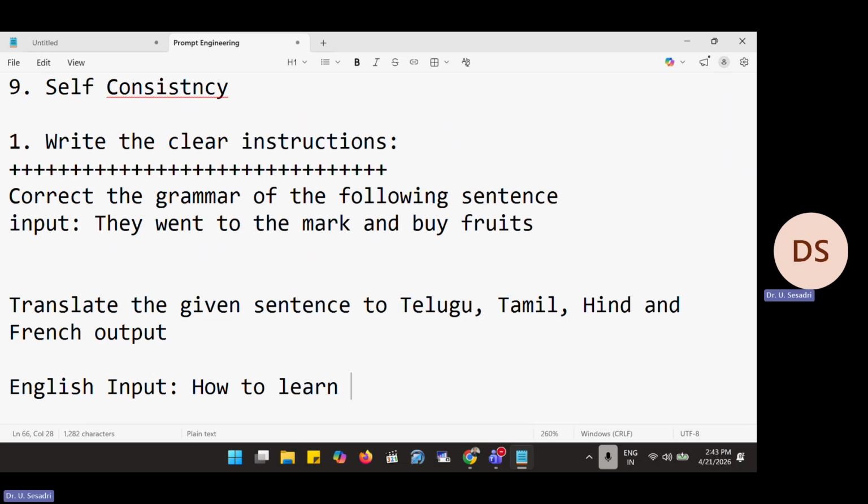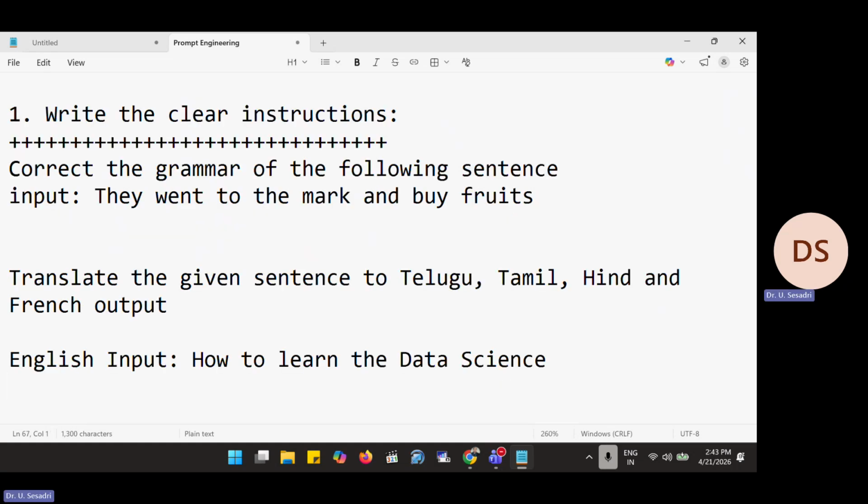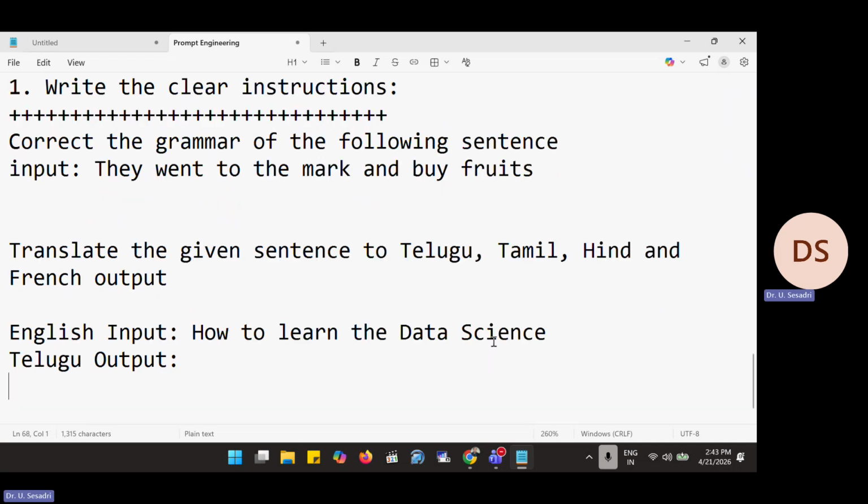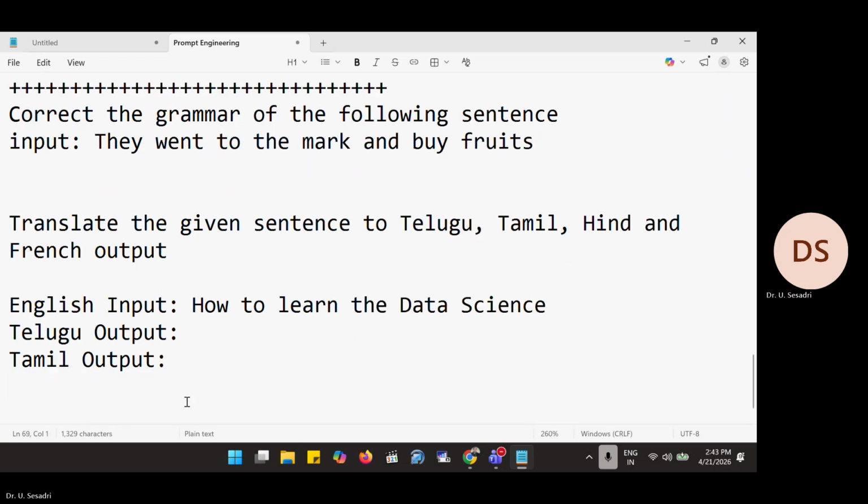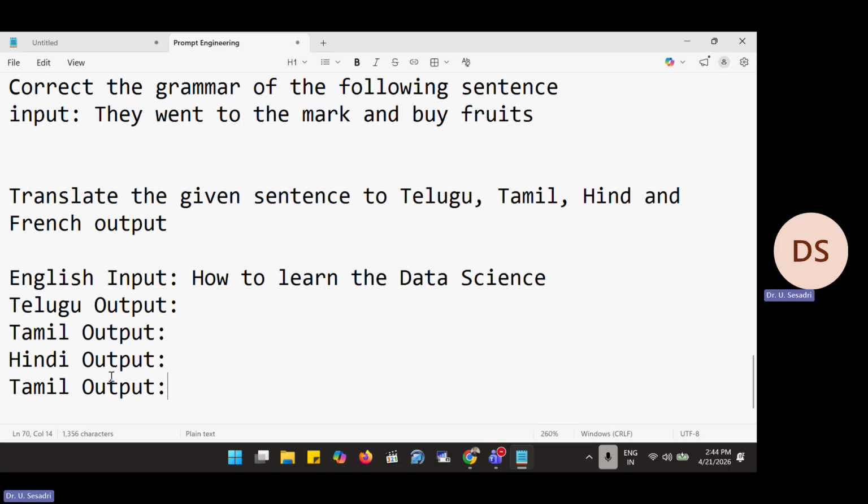The same sentence, how can we give the Telugu output, the Tamil output, the Hindi output, and the same sentence in French.